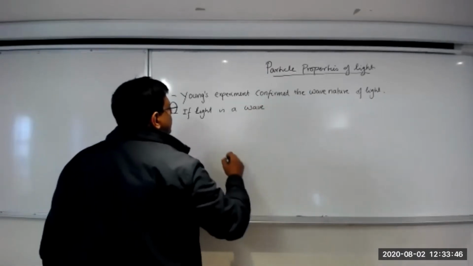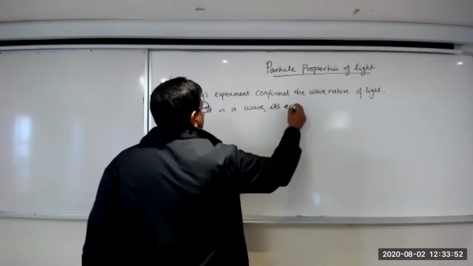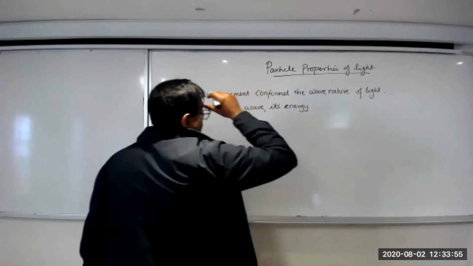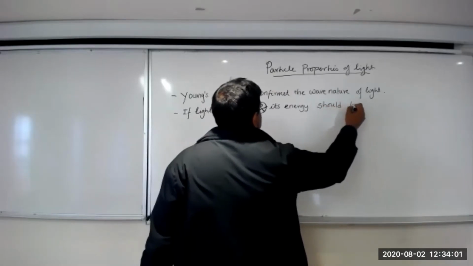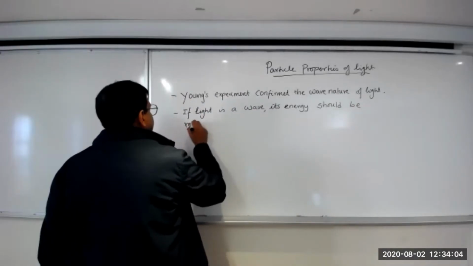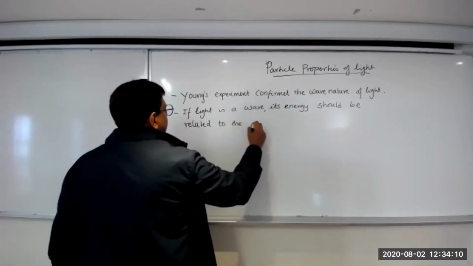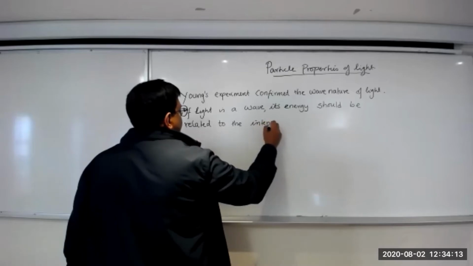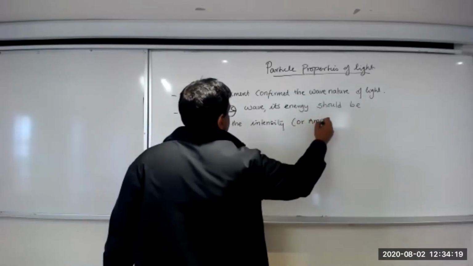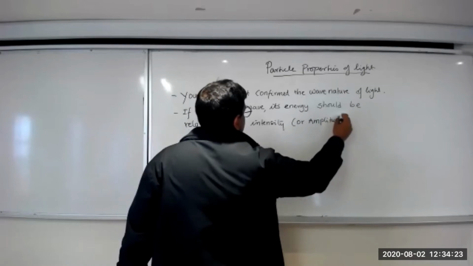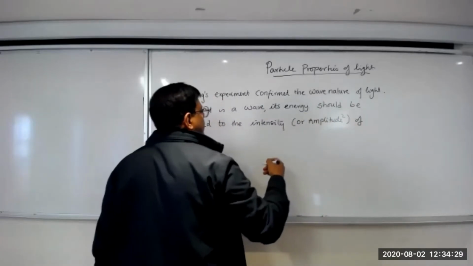If light is a wave, its energy should be related to the intensity, or the amplitude squared. The brighter the light, the higher the energy you would think.